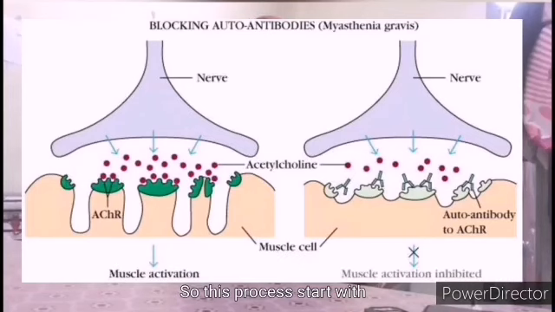This process starts when an action potential arrives at the synaptic cleft of a peripheral nerve. These antibodies will block the normal action of ACh, which results in muscle weakness.